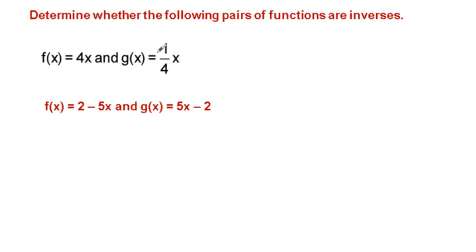So if we take this first one and say y equals 4x, and then we change this to x equals 4y and solve for y, we get y equals x over 4, which equals 1/4 x. Does that match this thing here? Yes, it does. So yes, I'll say yes, call it inverses.